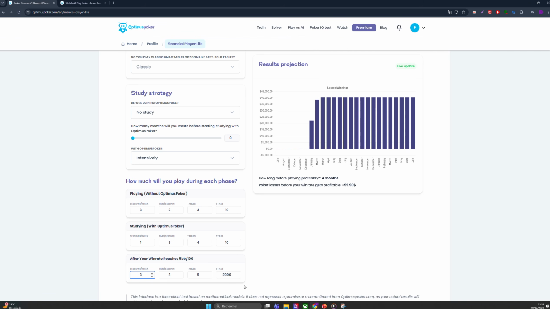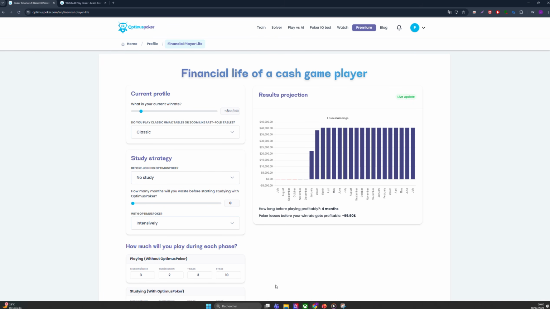And these numbers, honestly, is just doing poker half time. Because if you're playing poker full time, you can play much more than this. So here with this simulation, this kind of professional poker player makes around $40,000 per month, which yeah, definitely makes sense.